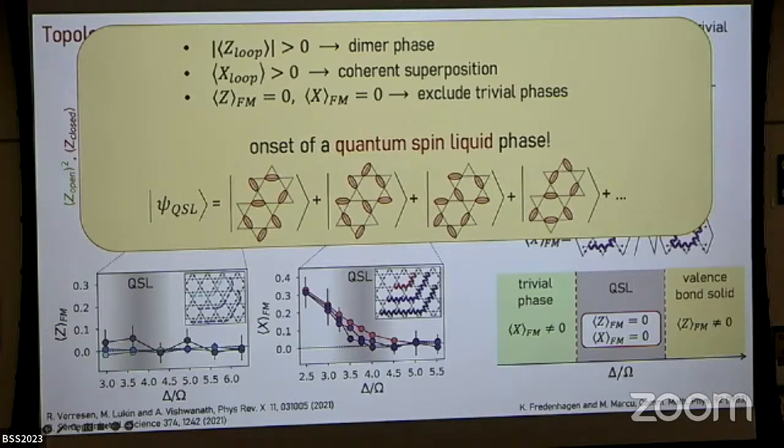I had a question which may already be answered on this topic. When you calculate the expectation value for the VBS, you're averaging over many shots. I guess sometimes that value is also negative, and the average goes to zero. But I guess what you're doing here is looking at the average of the loop, so when you choose your loop, it should always be the same number, right?